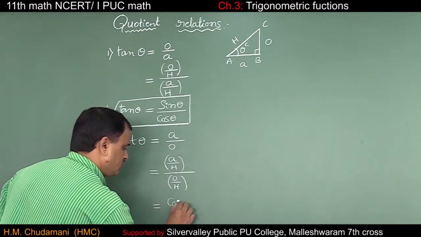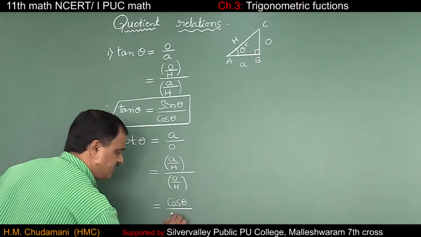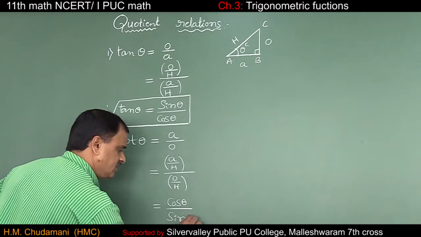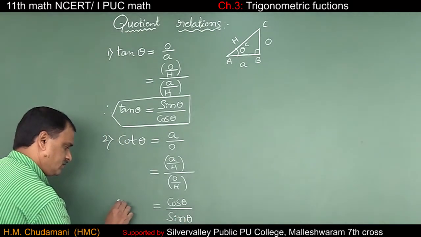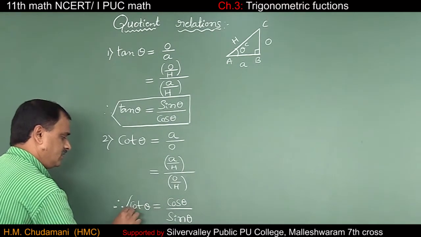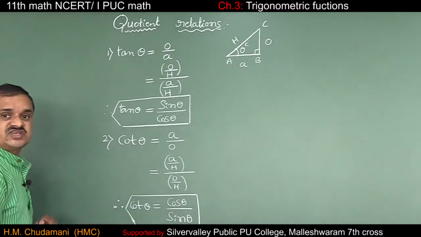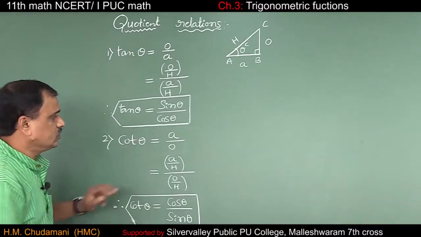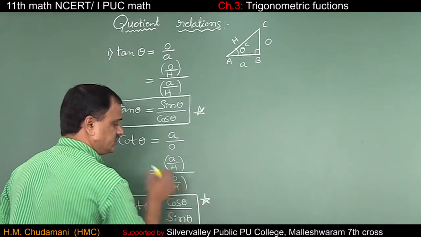Which is cosine of the angle theta. Opposite by hypotenuse means sine of the angle theta. Cot theta is equal to cos theta by sin theta. So these two are the quotient relations. You need to remember.